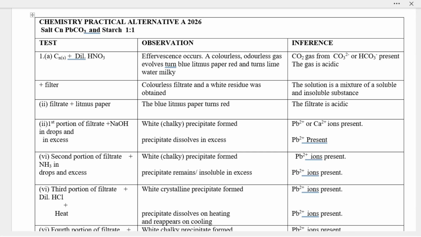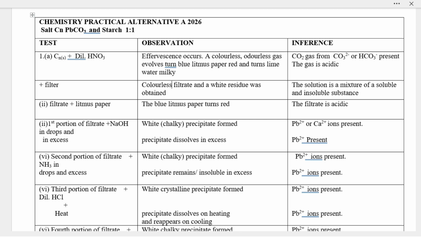If you are asked, the filtrate plus litmus paper will turn blue litmus paper to red, which shows that the filtrate is acidic, because an acid turns blue litmus paper red.